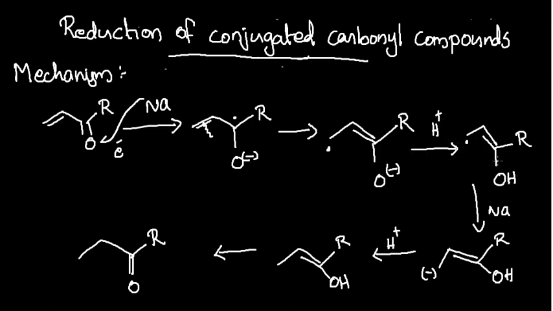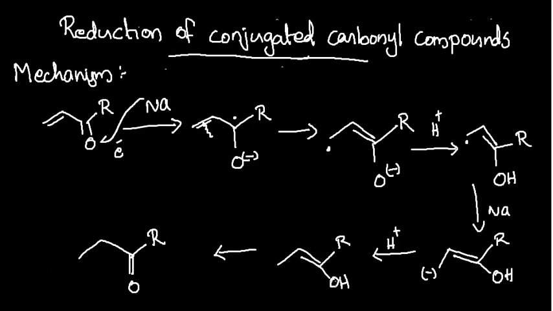alcohol, and again it is a radical, then it is treated with sodium and transfers one electron to this radical carbon and is converted into an anion, then it abstracts a proton and is converted into an enol. This is the structure of the enol, CH3–CH=C(R)–OH.